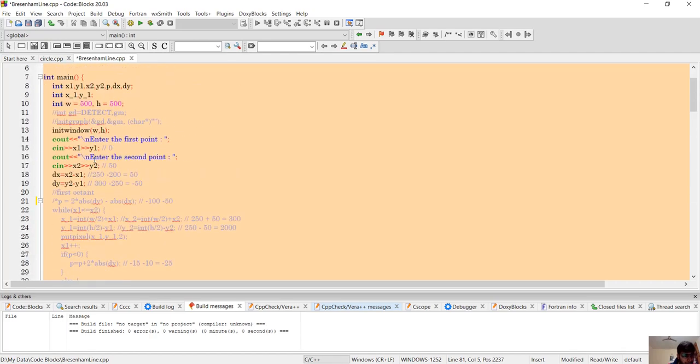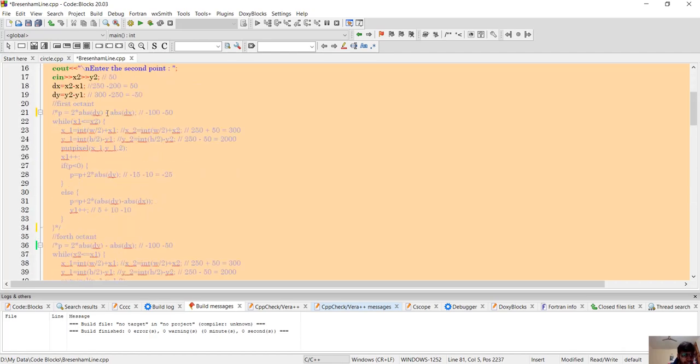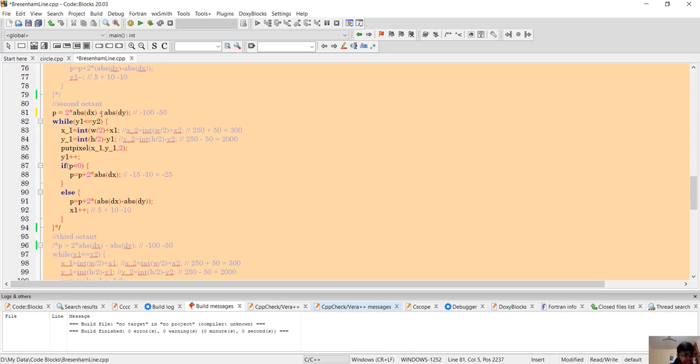In the first octant we have dy first and dx later, and in the second octant we have dx first and dy later. The slope is greater than 1, that is why our dx is coming first here. Also in the second octant we are moving with both x positive and y positive.